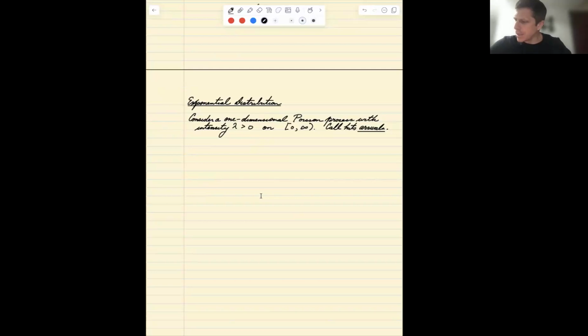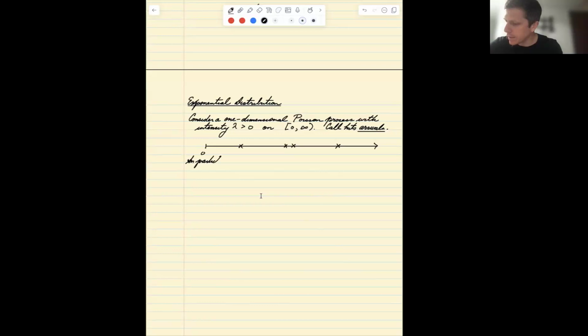What we're going to do now is assume we have just a one-dimensional process from 0 onward, and we're thinking of this as times. Time is positive, and we're thinking about these as the arrivals. So the hits in this process are the times at which certain events occur.